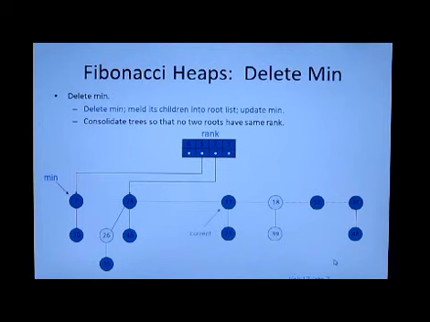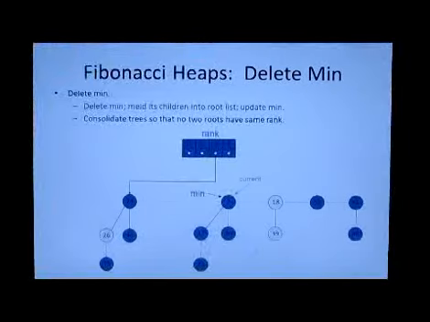So we should consolidate again, and because 17 is greater than 7, 17 will be the child of 7. Again, we have 24 and 7 with the same rank equal to 2. We should repeat consolidate. 24 is greater than 7, so 24 is the child of 7.